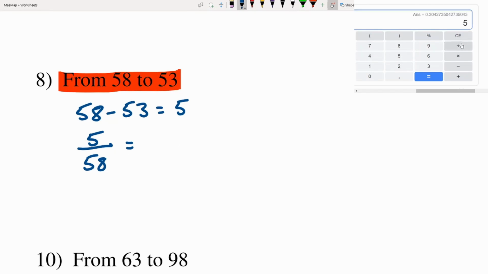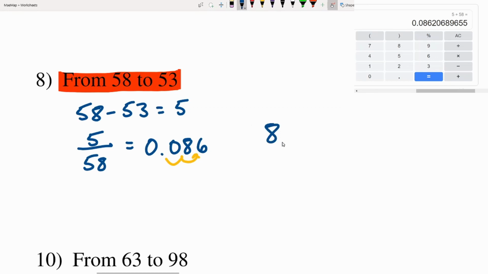So 5 divided by 58 is going to be 0.86 when rounding to that nearest thousandth, which in turn is the same as rounding to the nearest tenth of that percent. So this is 8.6%. That's the percent change, and we know that it was a decrease.